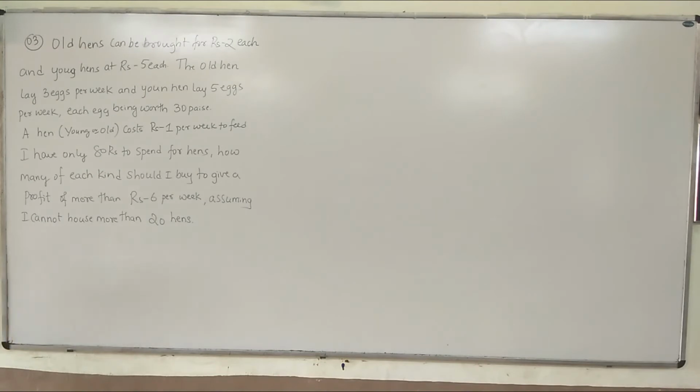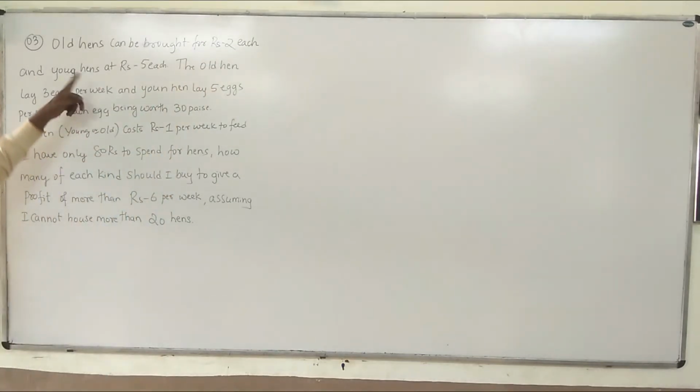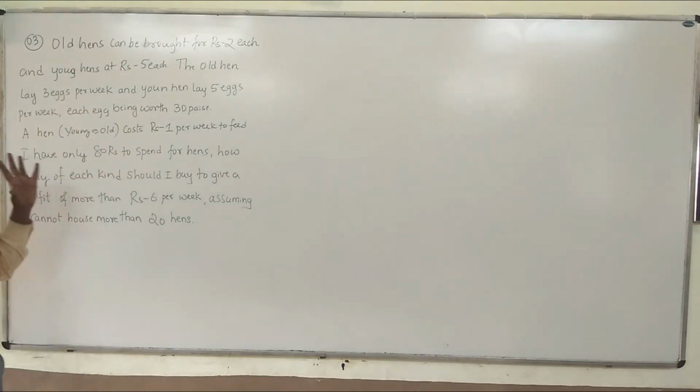So an old hen can be bought for 2 rupees, and a young hen costs 5 rupees. The old hen lays 3 eggs, whereas the young hen lays 5 eggs per week. Each egg is sold for 30 paise in the market. For a hen, whether it is young or old, it costs around 1 rupee per week to feed.